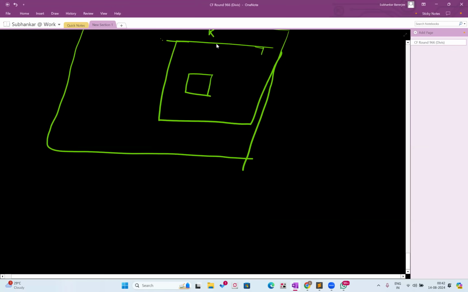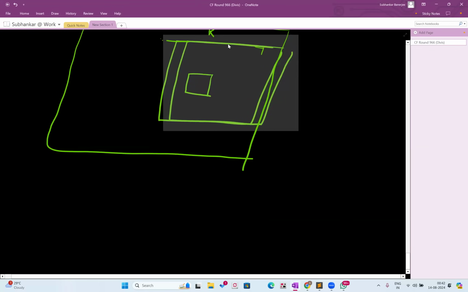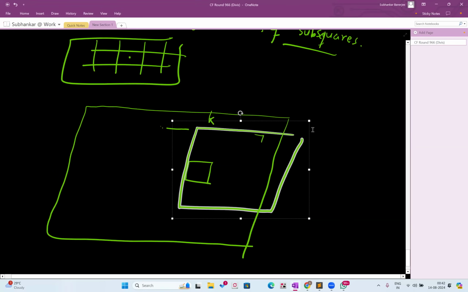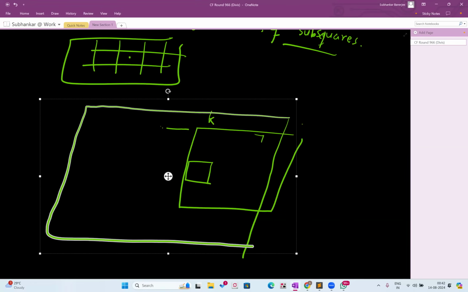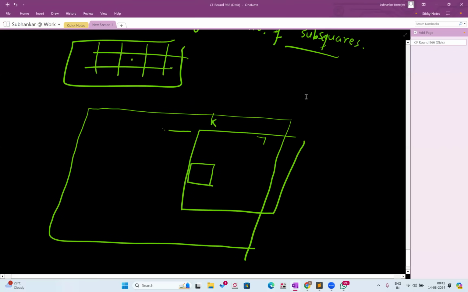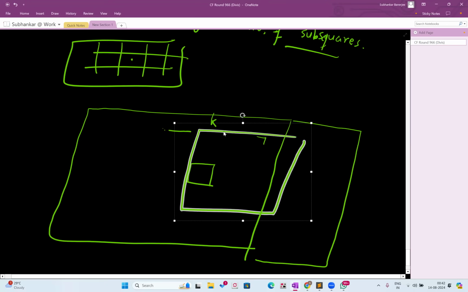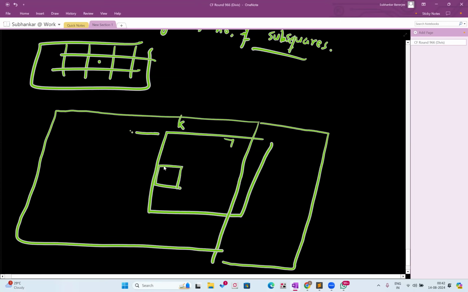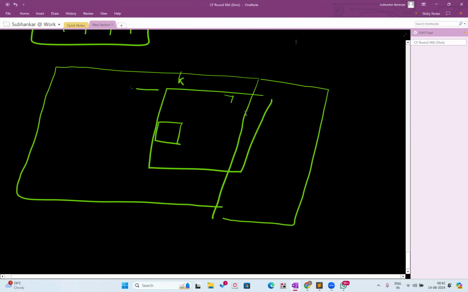If the right border was something like this, I'll just draw it again. If this had been present here, then I could have maximum gone up to this end, right? Yeah. And if I had touched the border at any point, I will stop there.